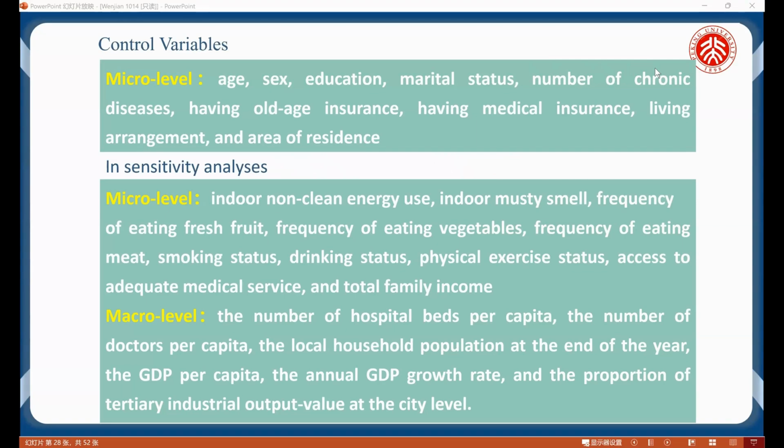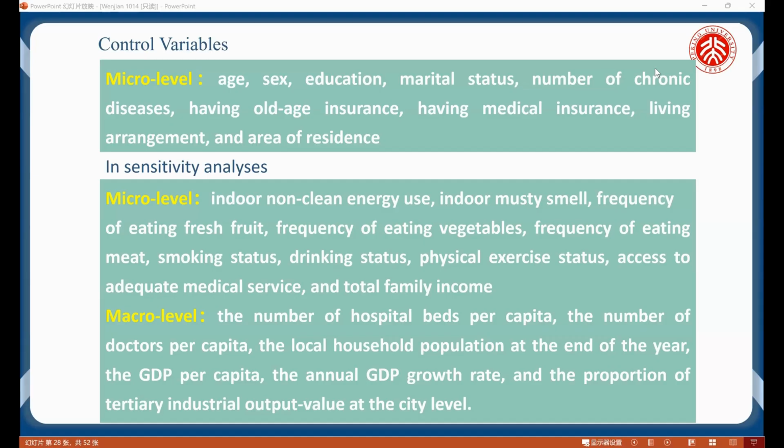In sensitivity analysis, we further include indoor non-clean energy use, indoor musty smell, frequency of eating fresh fruit, frequency of eating vegetables, frequency of eating meat, smoking status, drinking status, physical exercise status, access to adequate medical service, and total family income.